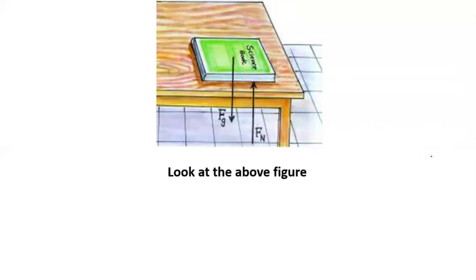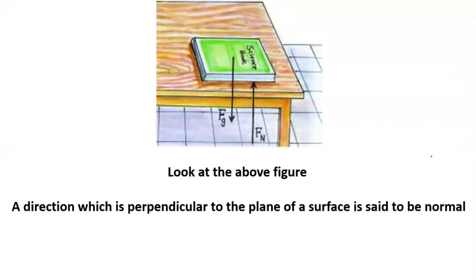Look at the above picture. The direction which is perpendicular to the plane of a surface is said to be normal. If you observe this arrow mark, this direction represents the perpendicular to the plane of the surface, and this direction is known as the normal force.